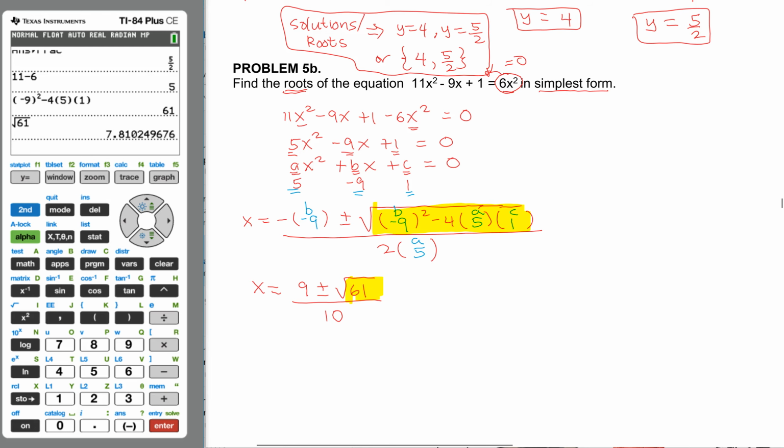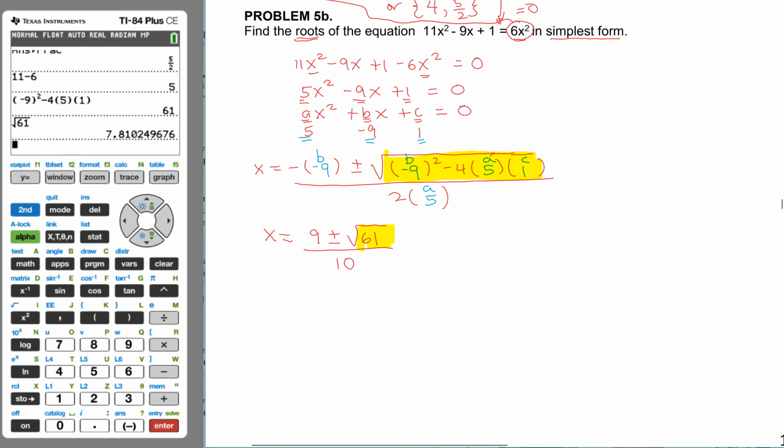So you can have this one now as your final answer, or you can split it. Okay, so split this one into 2, the plus square root of 61 and the minus square root of 61.